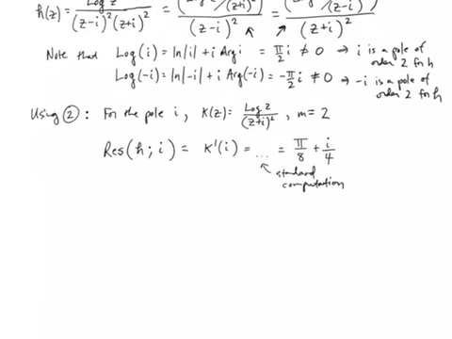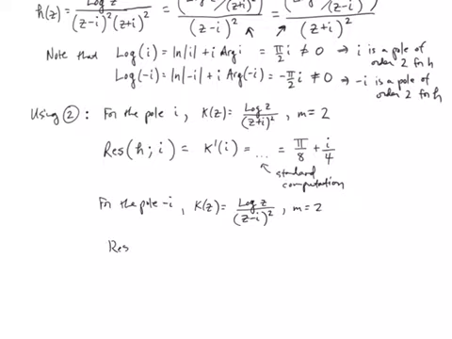And then for the pole at negative i, our k of z was log z over z minus i squared. And again, our m is 2.